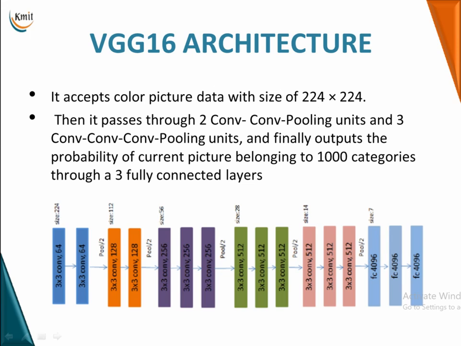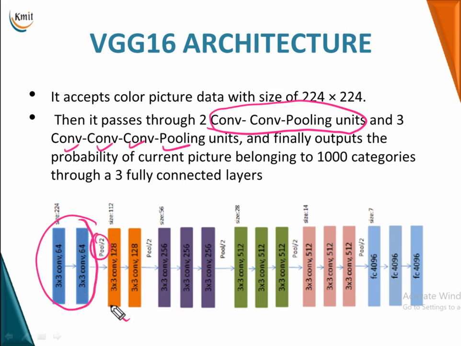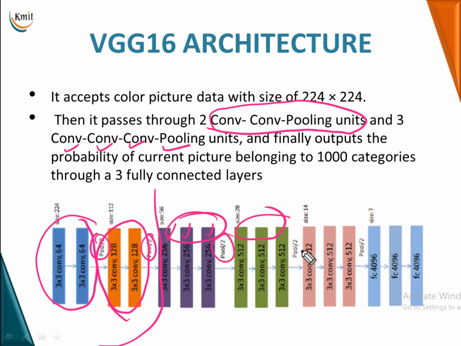In a VGG network, the input passes through first 2 convolution-pooling units, and then 3 convolution-pooling units. You can see the first patch has 2 convolution layers and then a pooling, and then again 2 subsequent convolutions and then a pooling. The other part is 3 convolution layers and then a pooling, again 3 convolution layers and a pooling, again 3 convolution layers and a pooling.